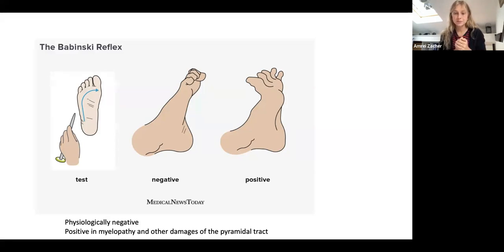That is positive. And a positive Babinski can be there in myelopathy or in other damages of the pyramidal tract. So it might also be due to a damage of the brain.